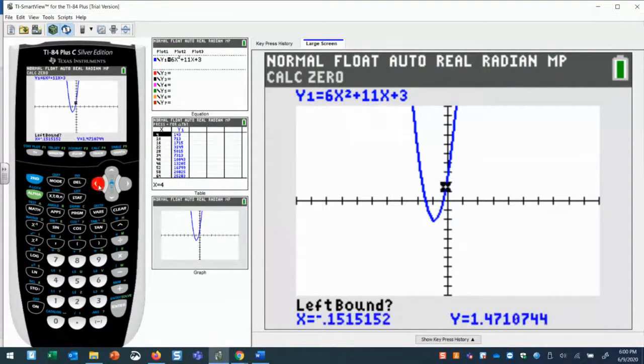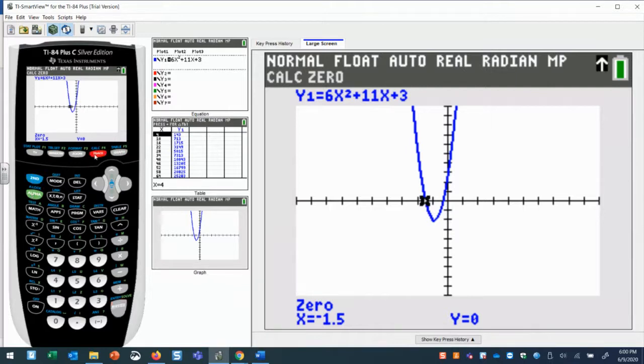So using my left arrow, I move this cursor to above the line, hit enter. It says right bound, move below the line, enter, then enter one more time, and it gives me my coordinates, negative 1.50.